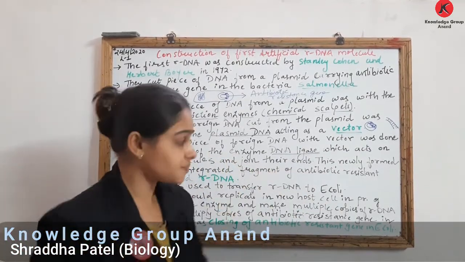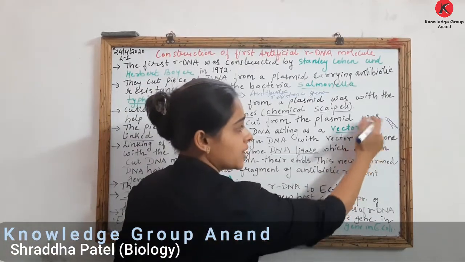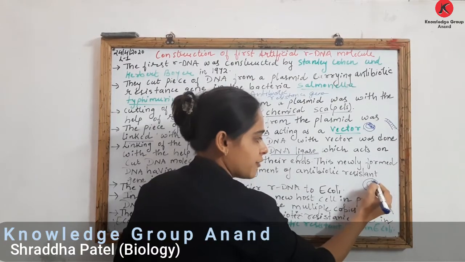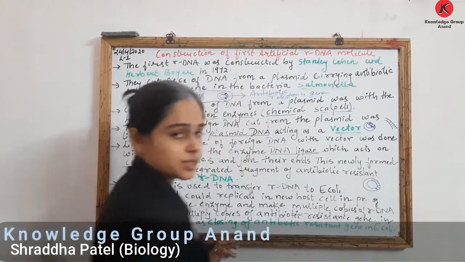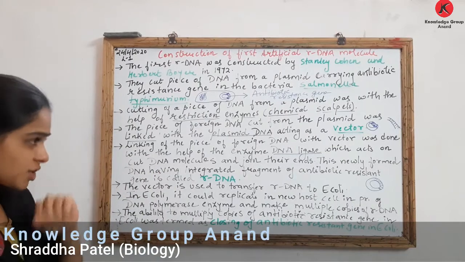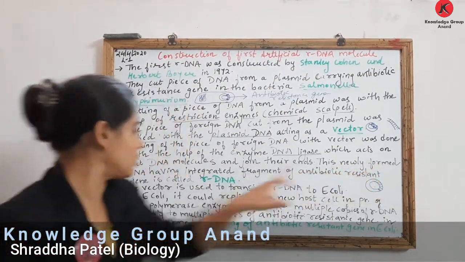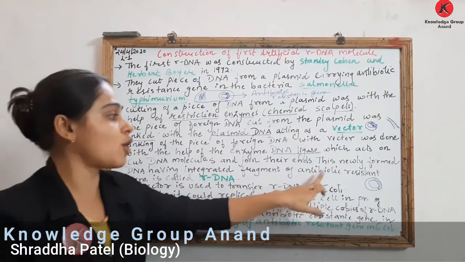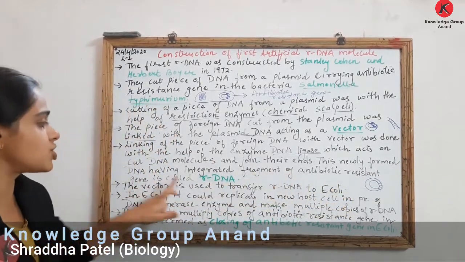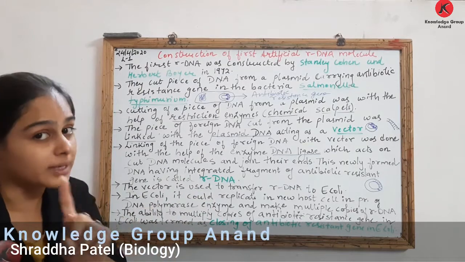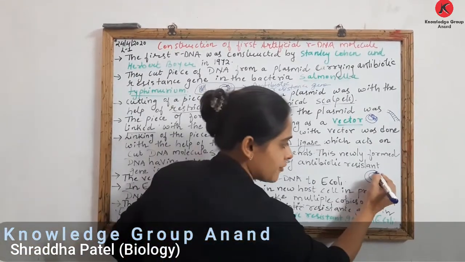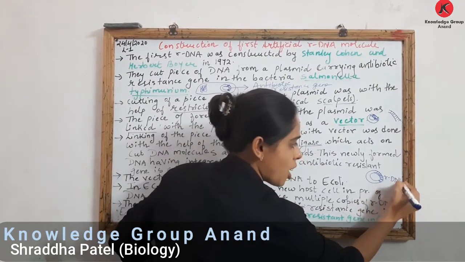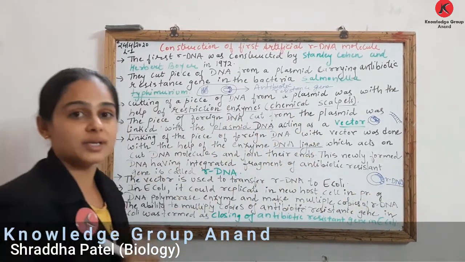Okay, now this newly formed DNA, yes or no, is a plasmid and it has our antibiotic resistant gene. So this newly formed DNA having an integrated fragment of antibiotic resistant gene is called recombinant DNA. Alright, this DNA that is formed, what do you call it? Recombinant DNA.